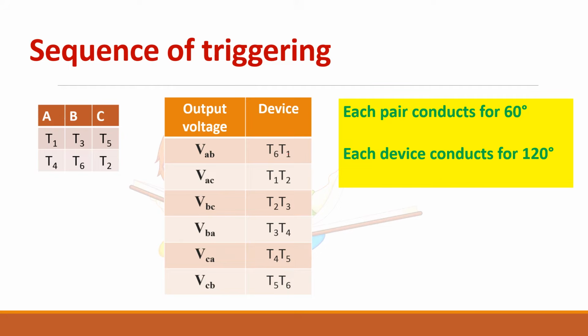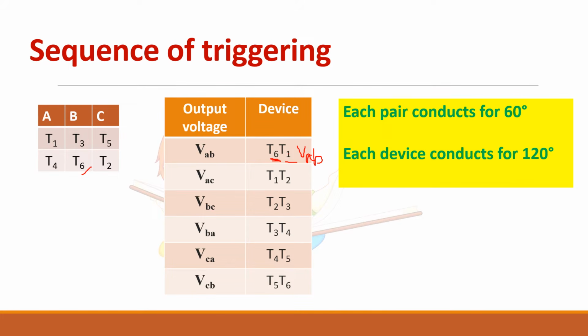Now what will be the output voltage in each case? Previously we have seen that when T1 and T6 conduct, output voltage is VAB. 1 is connected to A phase and 6 is connected to B phase.